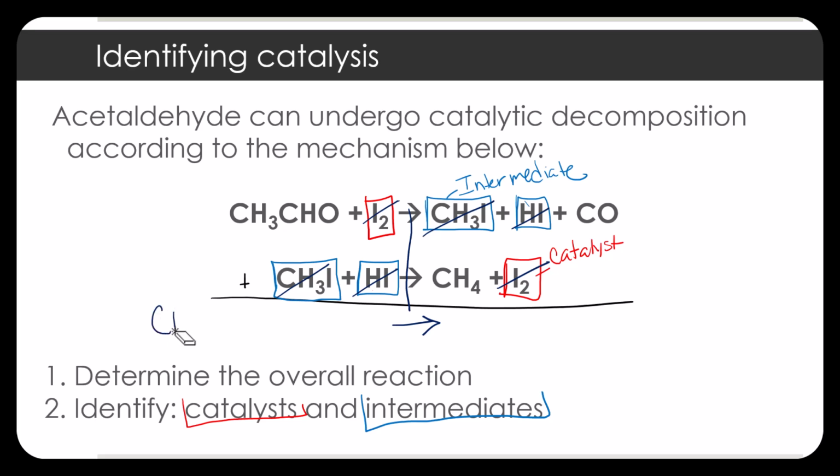I've got this acetaldehyde, CH3CHO, on the reactant side from the first step, and nothing left from the second step. Now we go to our product side. We've got carbon monoxide from our first step, and then the CH4 from the second.